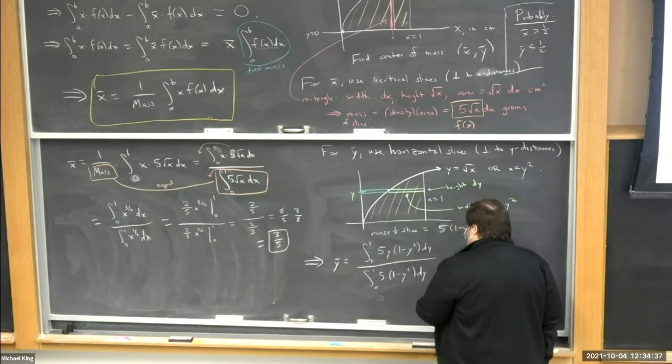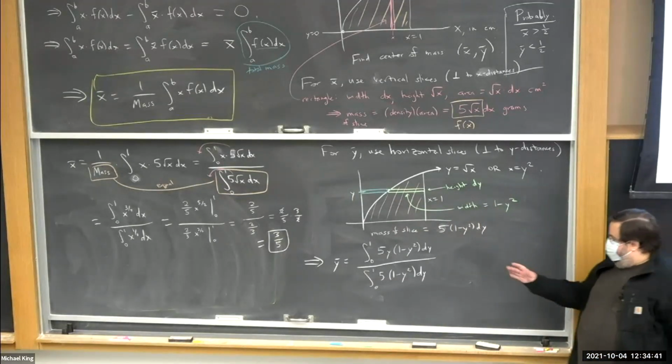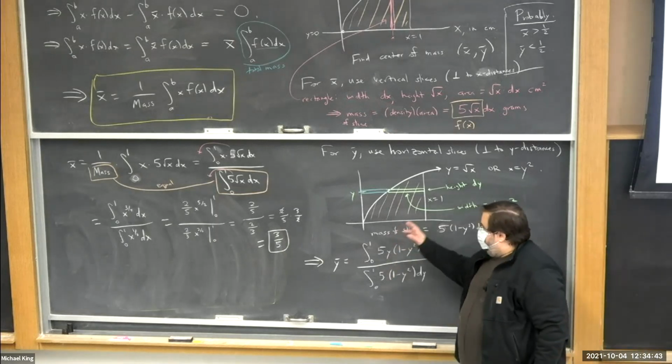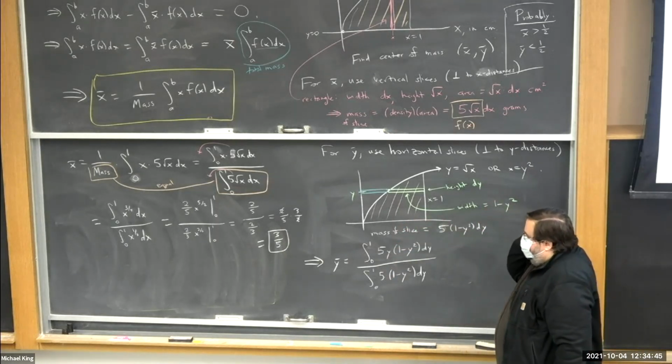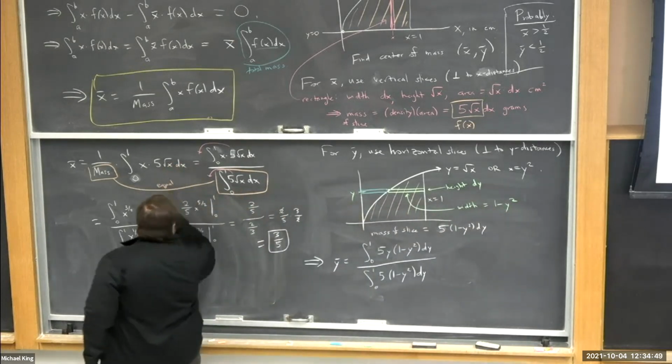So this is what you guys got when you wrote it all out. I mean, you didn't have to recompute the bottom if you didn't want to, but the 5s cancel. Actually, one thing with using the mass is that you have to remember that there was a 5 here. So I have to cancel the 5 out.